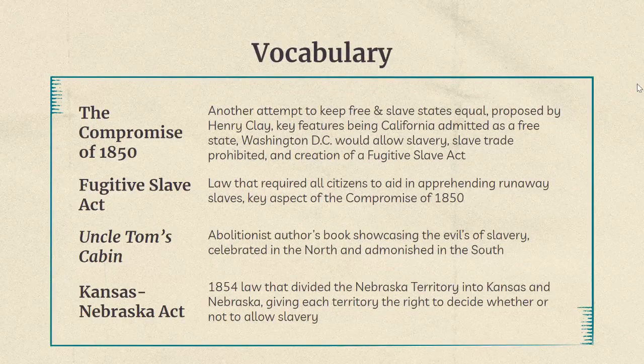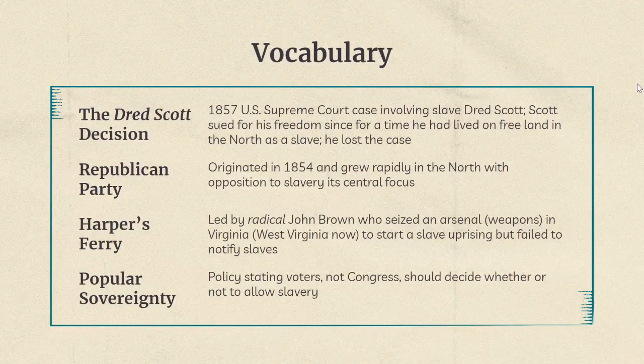Uncle Tom's Cabin is actually a novel, and the Kansas-Nebraska Act is a pretty big deal and there is lots of violence associated with that. The Dred Scott decision, that's a Supreme Court case in the United States, very impactful. The Republican Party is created during this time. Harpers Ferry, and then popular sovereignty is where we end.